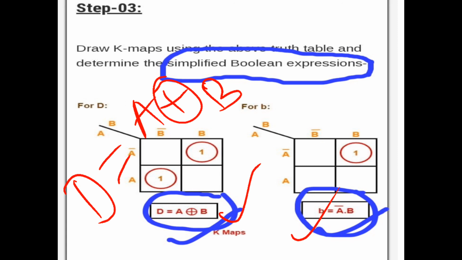If somebody knows the K-map, it's good. Otherwise, you can directly learn the expressions. They are quite easy. The difference is evaluated using an XOR gate between the two inputs, and the borrow is represented as the Boolean expression A bar dot B.